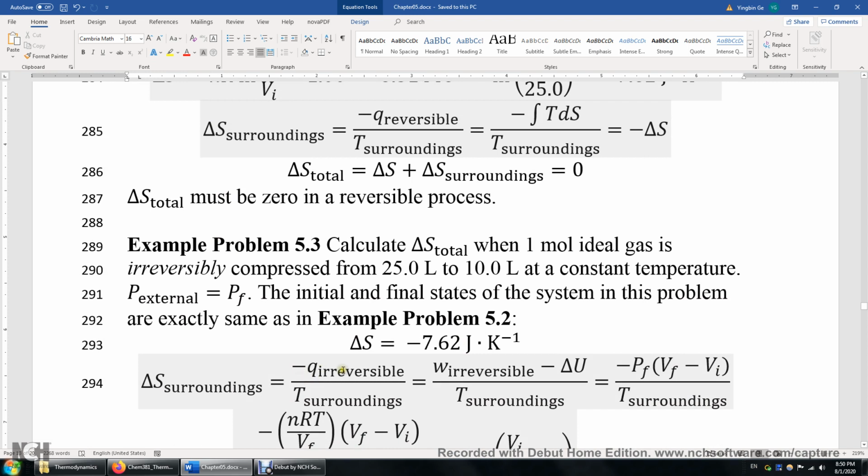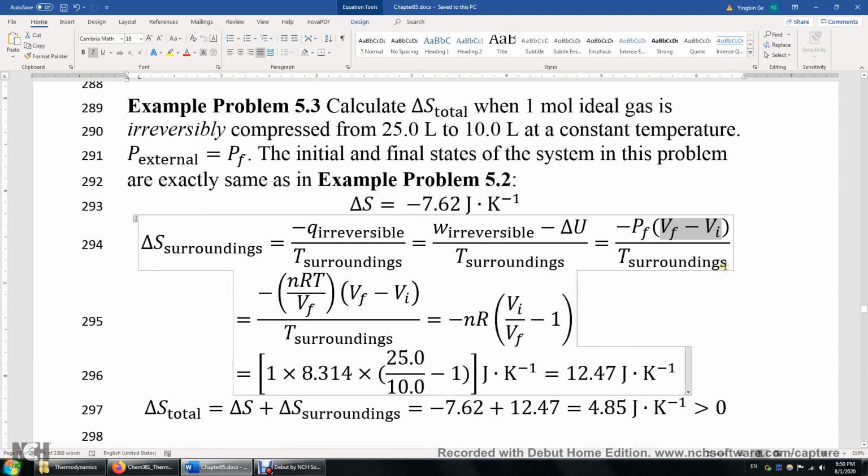We have this negative Q over T. And then negative Q is W minus delta U. Delta U is 0 because we're talking about ideal gases under constant temperature condition. So this is 0. And what about this W irreversible? It's simply negative P external times delta V. P external is the final pressure of the system, and this is delta V.